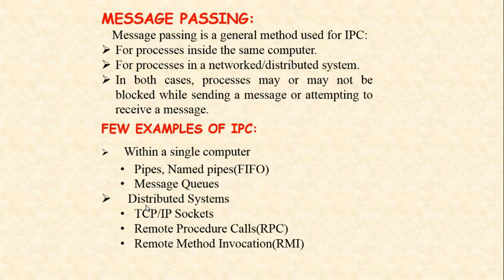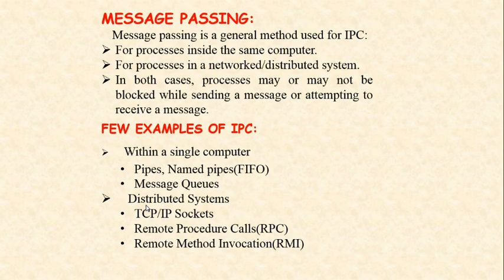Message passing. Message passing is a general method used for IPC. This provides a mechanism to allow processes to communicate and to synchronize their actions without sharing the same address space. This method is useful for processes inside the same computer or in a distributed system.